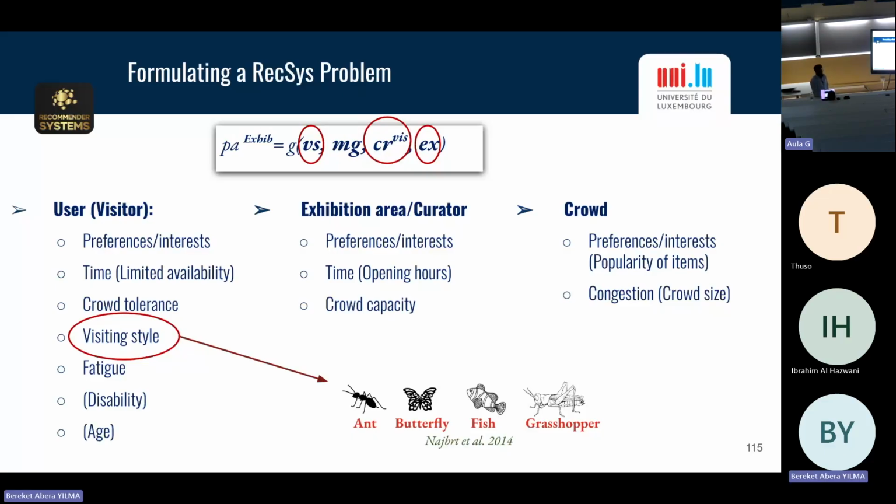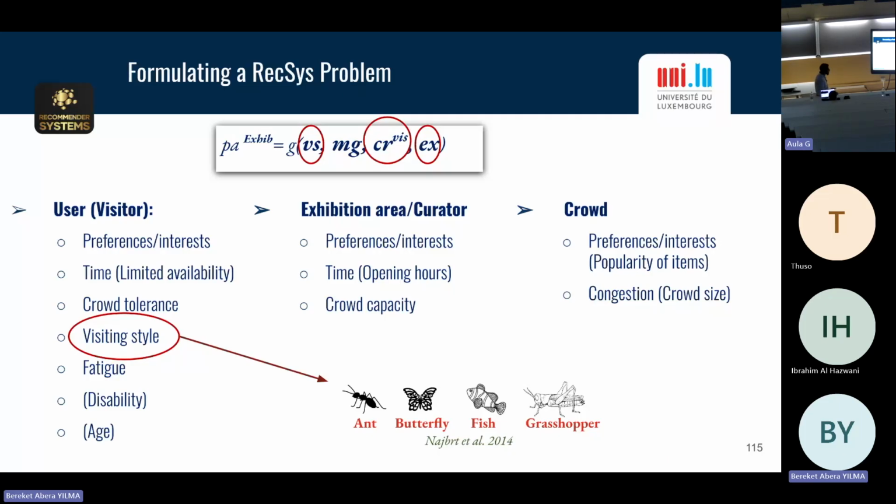You heard about the Mona Lisa, and then when you go to the Louvre, you always want to see the Mona Lisa. And if the user is in the physical space, there is another challenge it brings, crowd congestion. So you want to avoid that. All of this matters while you design a recommendation for one user, but you have to take into account all of these components.